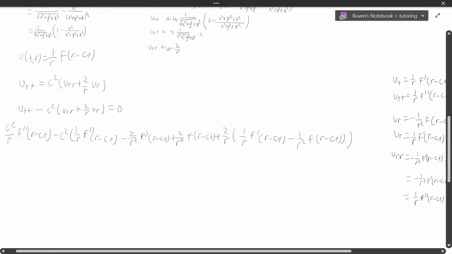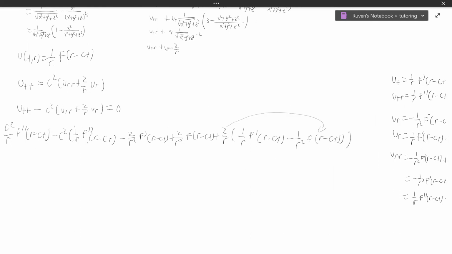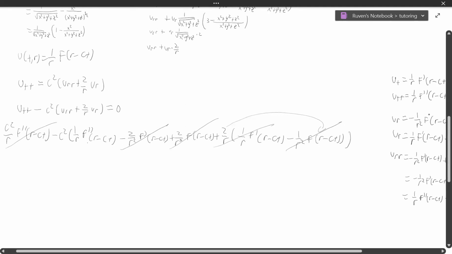Okay, so now I'm not going to open up all these brackets, but hopefully you see that when we pull this into here, it's going to become 2 over r cubed f(r minus ct). So these two cancel out. When this goes into here, it's going to become 2 over r squared f'(r minus ct). So these cancel out. Finally, when I open up the brackets, this and this cancel out.